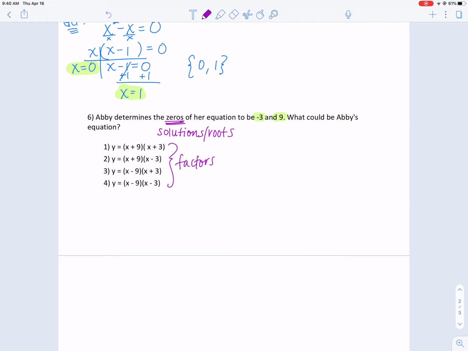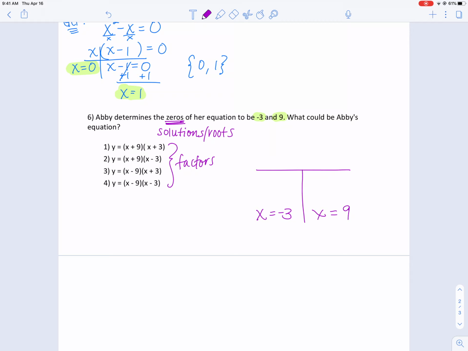So what happens between factors and solutions? The signs are opposite. In other words, think about this. If I wanted to work backwards, it means x had to equal negative 3, and x equaled positive 9. Those were your solutions or zeros.